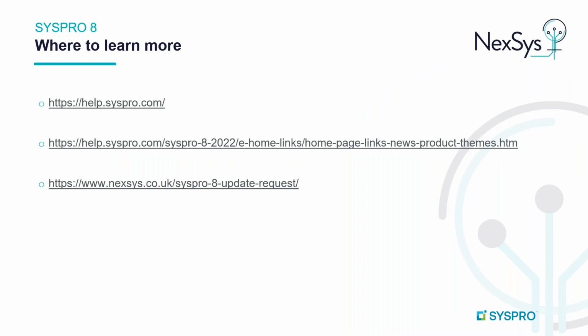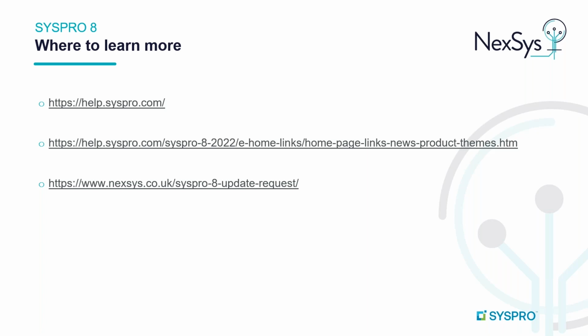So if you are in the category of already on 8 or not yet on 8 and you want to know more, there are a couple of things I want to point out. If you go to help.syspro.com, what you'll see is an online version of all of the new functionality that's available in 8 and the help that's available.